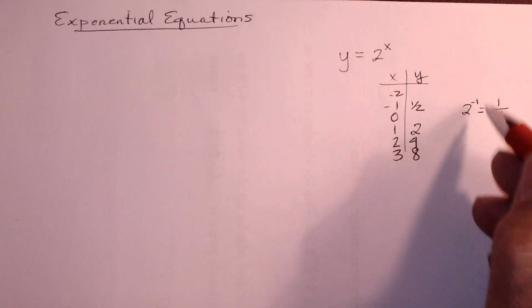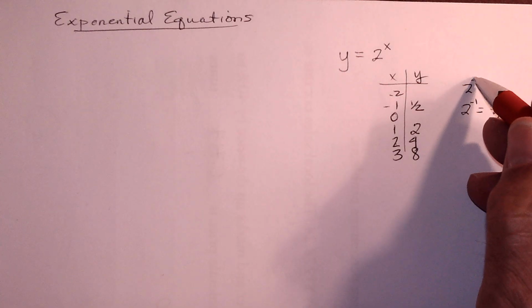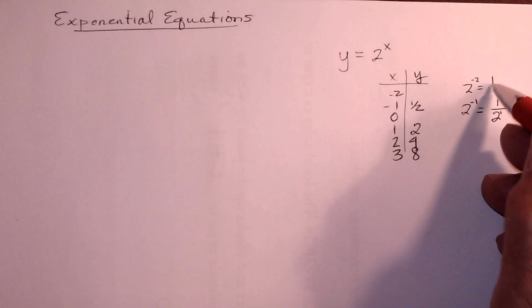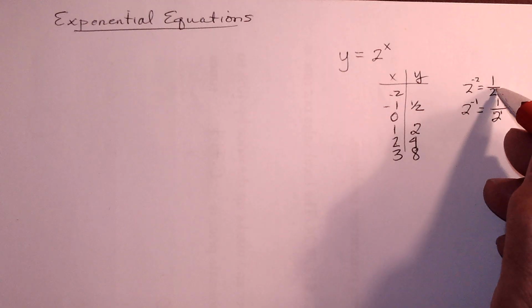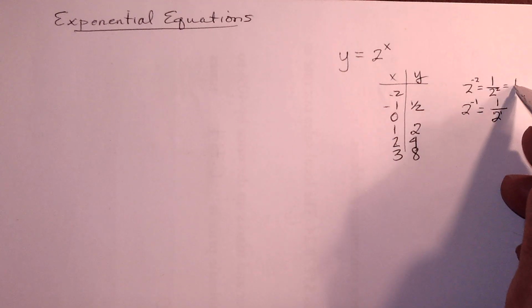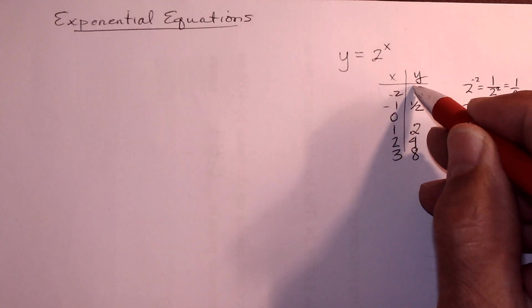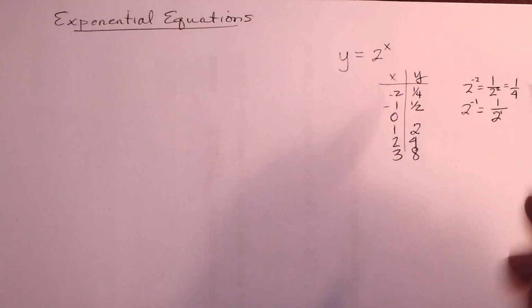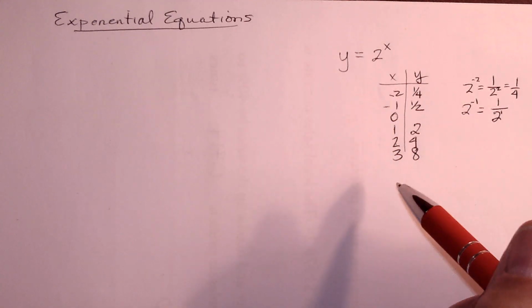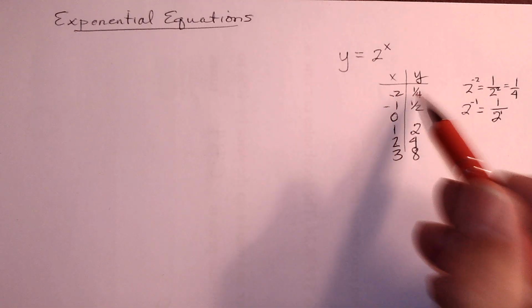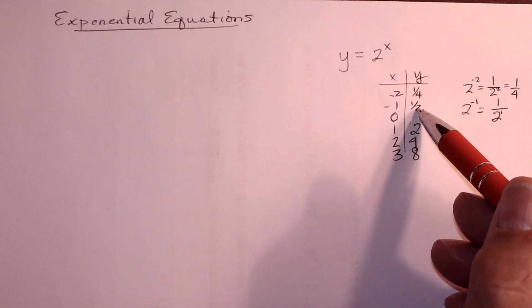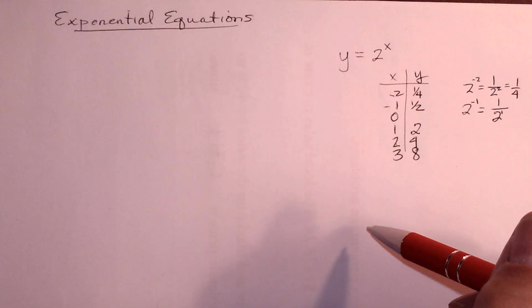And 2 to the -2 means 1 over 2 to the +2, which is 1 over 4. So the minus just means move it down to the denominator and then square it. Or move it to the denominator and take it to the 1 power.